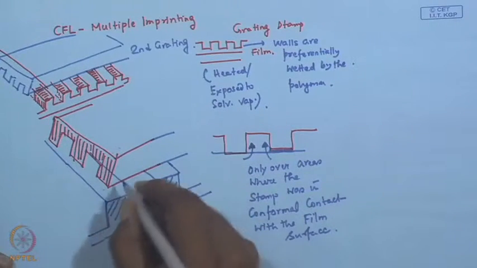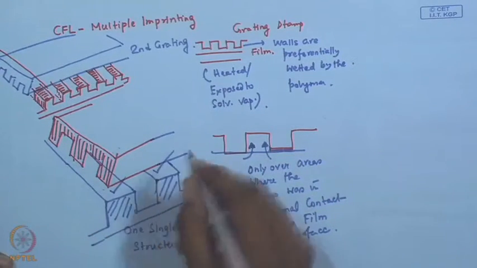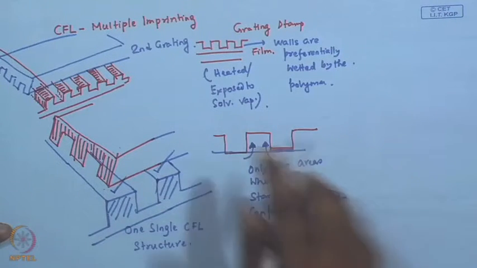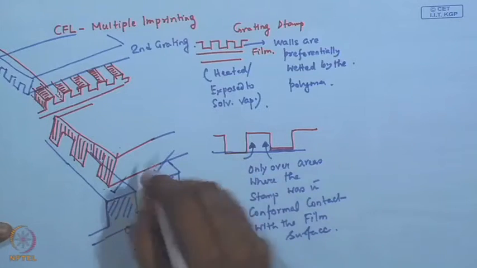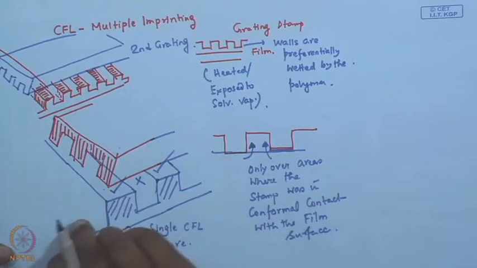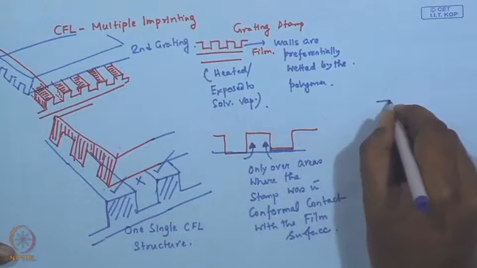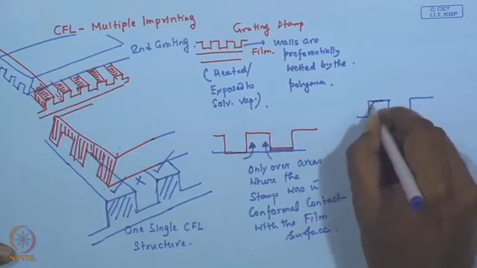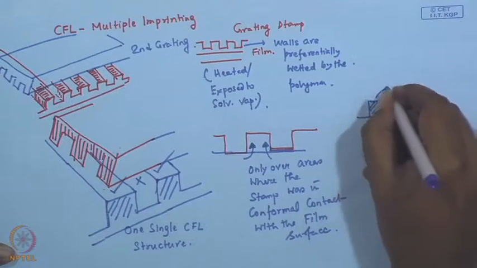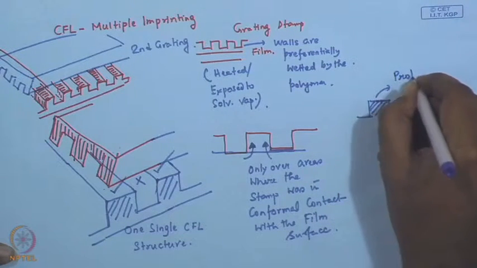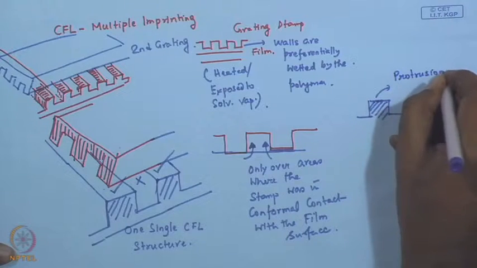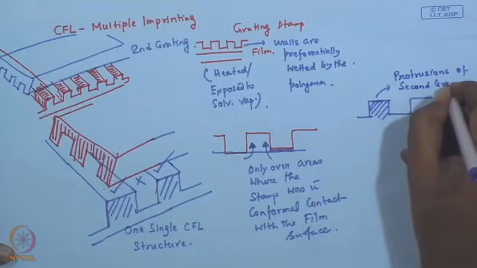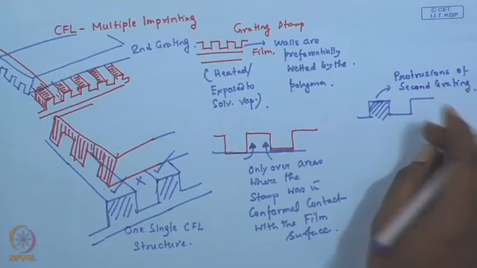The second grating is in contact with the patterned film, not all along its length, but only at these locations, over which the raised portions or protrusions of the second grating are.